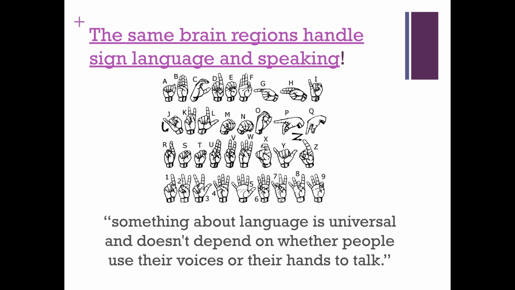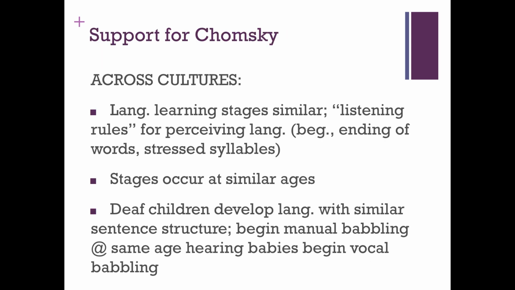This suggests that something about language goes beyond just the ability to get the words out and speak them. There's something about language that's so universal. It doesn't matter whether a person is using their voice or their hands. There is something about our brain that's just wired for the ability to produce and understand language.